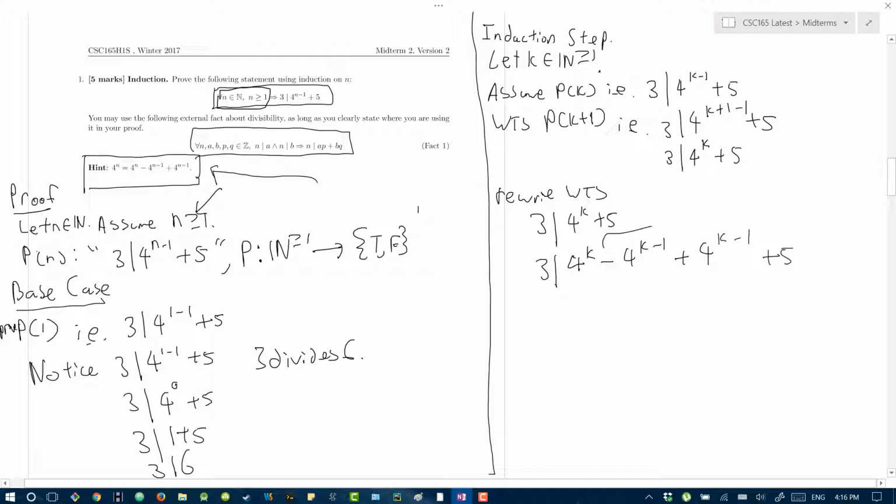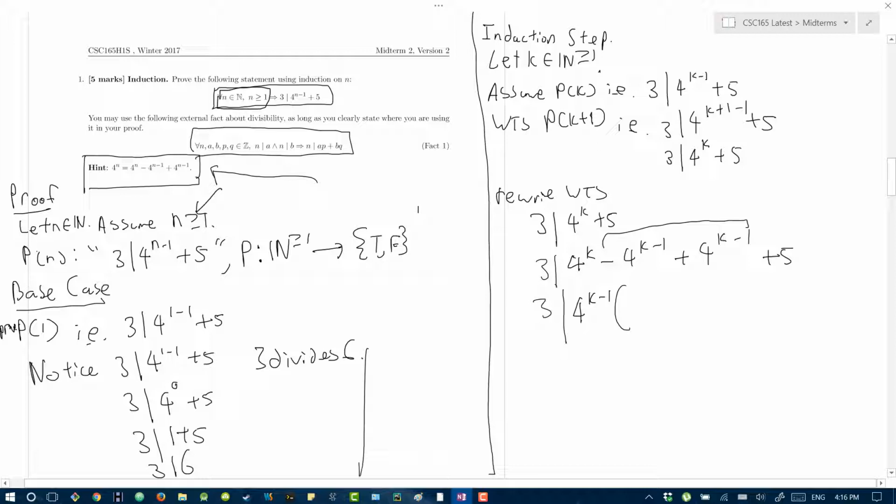So this cancels itself out. And so you have a 3 here, and then the next step is you take a 4^(k-1) out. And okay, so this is the confusing part.